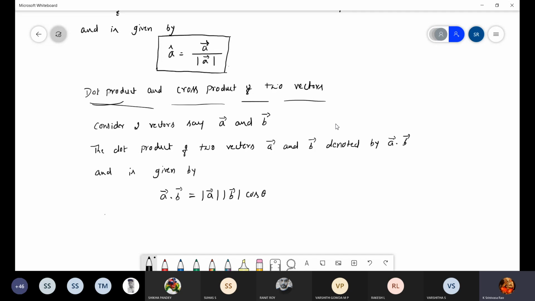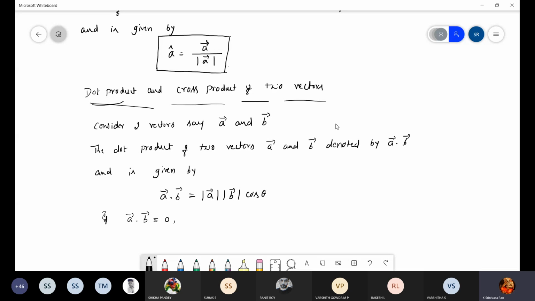Next line, if A dot B equal to 0. So just tell me, when we will get this 0, for what angle of theta does cos theta give 0? 90 degree. Very good. When theta is 90, cos 90 is 0.